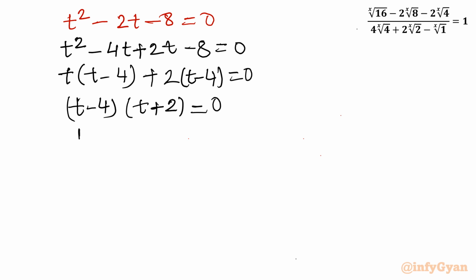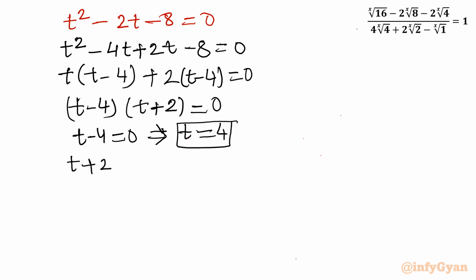Once t minus 4 equals 0, then I can write t equals 4. And once we put t plus 2 equals 0, then we can write t equals negative 2. Now if you simplify after putting the value of t, it was a plus 1 over a.